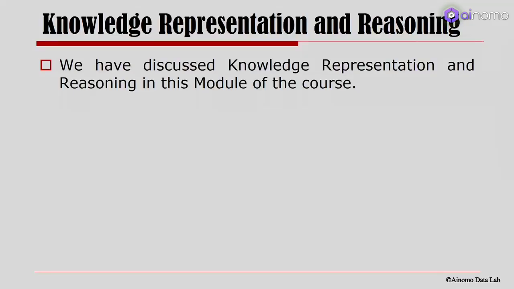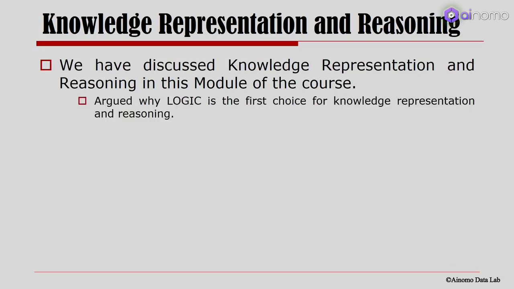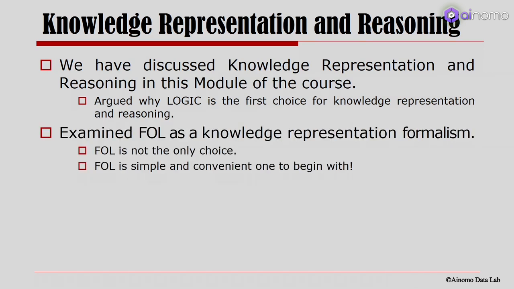We have so far in these couple of lectures discussed knowledge representation and reasoning, argued why logic is the first choice for knowledge representation and reasoning. We have examined first order logic as a knowledge representation formalism. One needs to understand that first order logic is not the only choice. However, first order logic is simple and convenient to begin with.